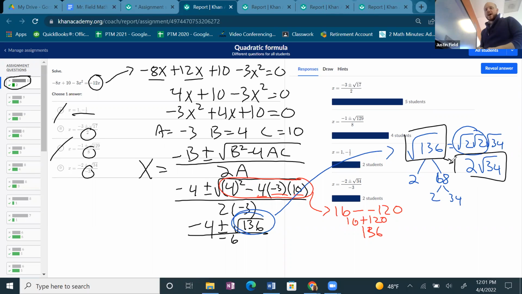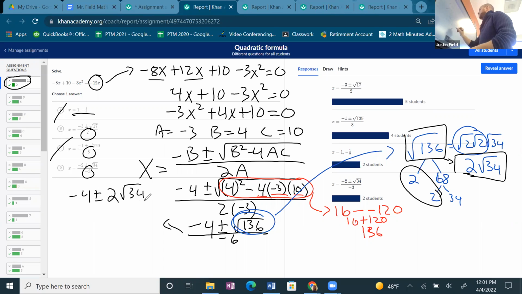Again, how did we break it down? We just divided it into factors. I divided it by 2, and then I divided 68 by 2. And when we get a pair of numbers, that is a number that goes outside the square root. So that means that I can rewrite this as negative 4 plus or minus 2 root 34 all over negative 6.